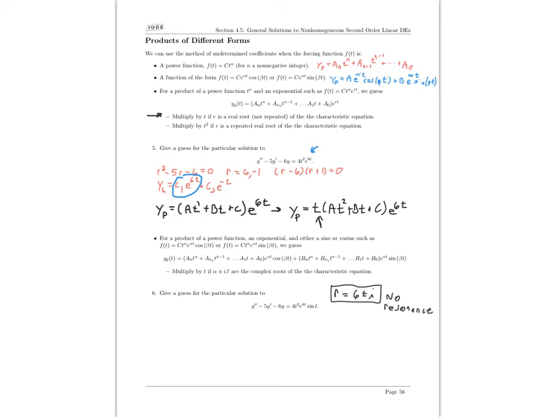Okay, so we've got degree 2 times exponential times sine. So for my guess, first of all, I better make sure I have a cosine and a sine in it, so don't forget that. My initial guess is therefore going to be some arbitrary quadratic, so I'll say a t squared plus bt plus c, times the exponential with 6t in it, times the sine of 1 times t, plus, and now I need to add the same for the cosine.